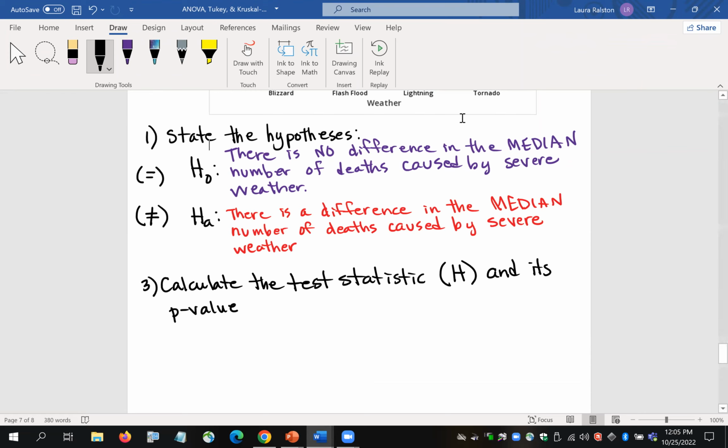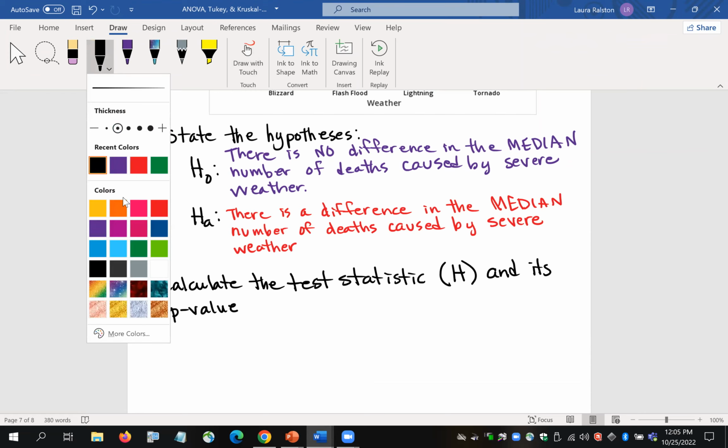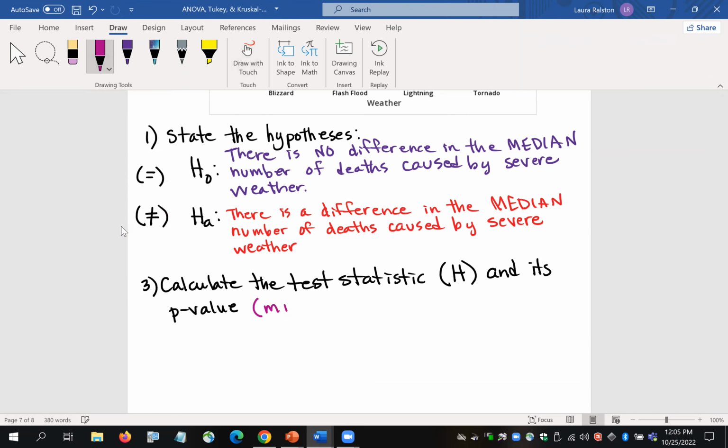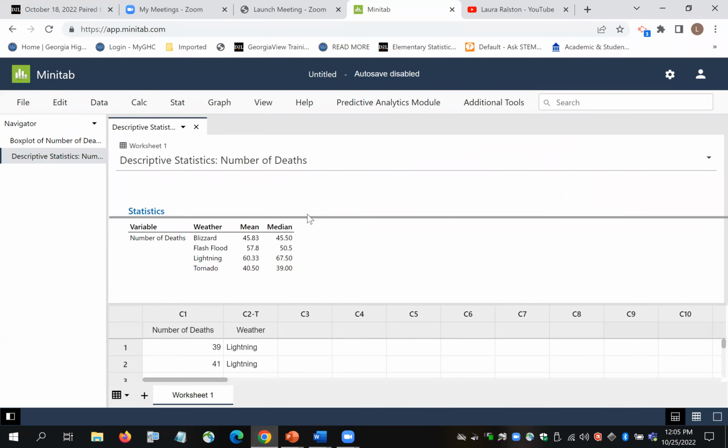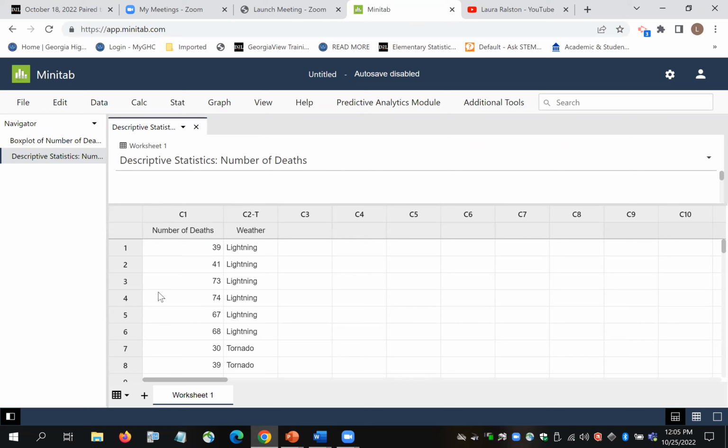And again, we do that with Minitab. But as I mentioned, when you do that in Minitab, you have to put the data in as I did earlier. You put all of the quantitative data in column 1, and you put the corresponding category that it's paired with in the adjacent column.